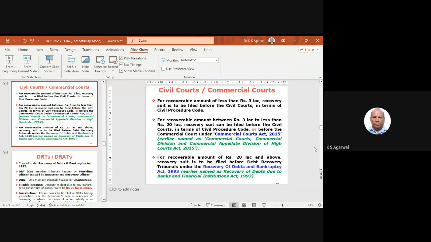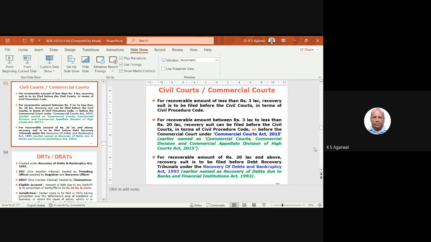So what about 3 lakh to 20 lakh? I have got an option, a discretion. I can file recovery suit in the civil court, or I can file the recovery suit in commercial court, because in many districts commercial courts have been established under Commercial Courts Act 2015.